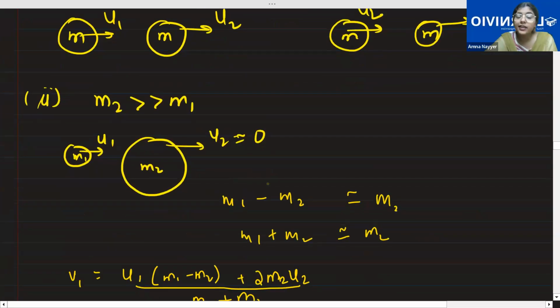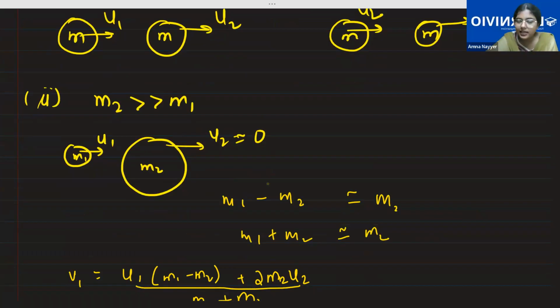Second is, if the second body is very huge, so the mass of the second body is very huge, and the first one is very less. Its initial velocity will almost be 0. When we use the formula m1 minus m2, if m2 is very huge, then m1 won't affect it. m1 plus m2, m1 minus m2 will almost be equal to m2.